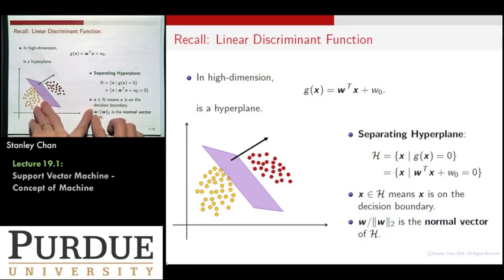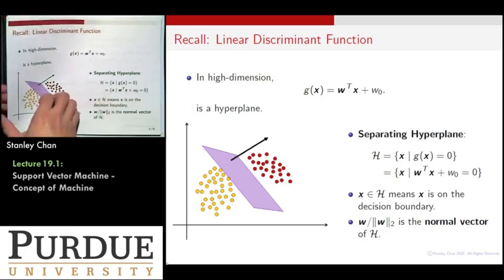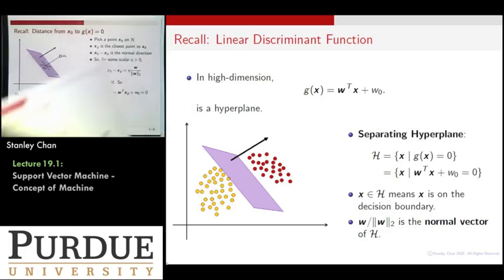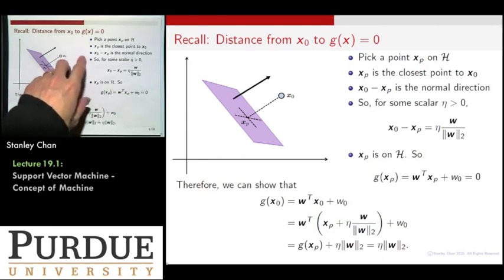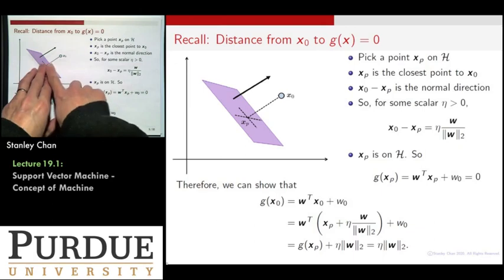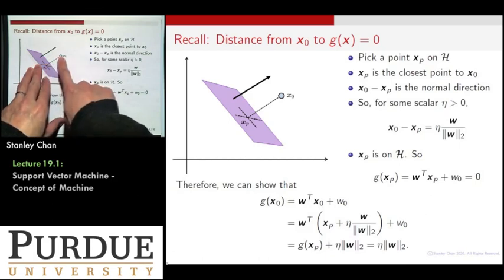Okay, and then this vector w divided by the 2 norm of w is called the normal vector of the separating hyperplane.